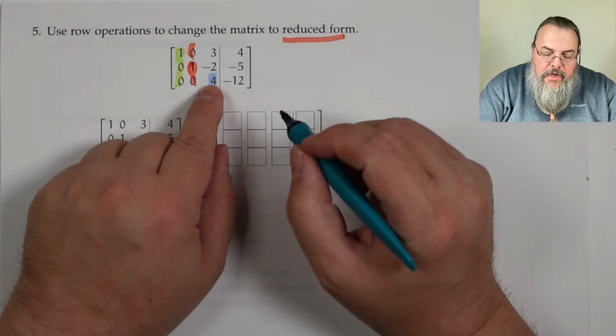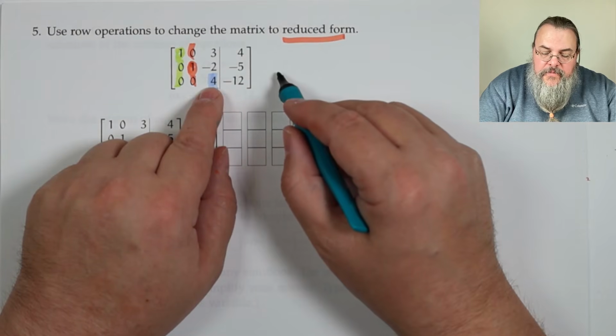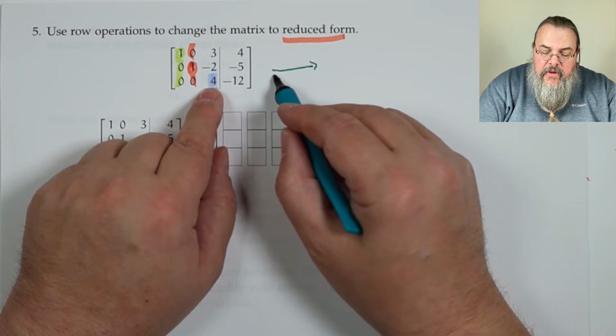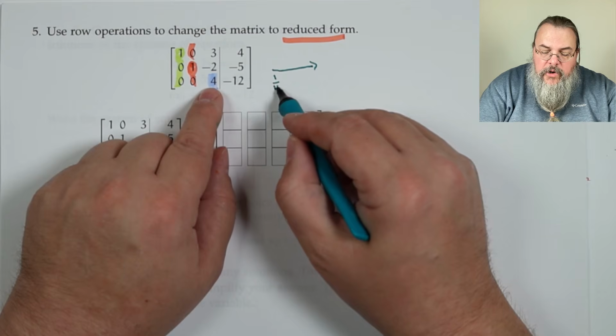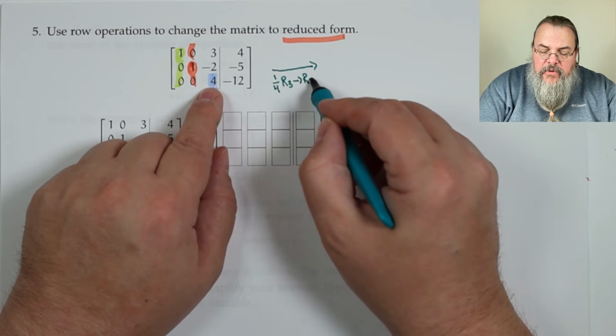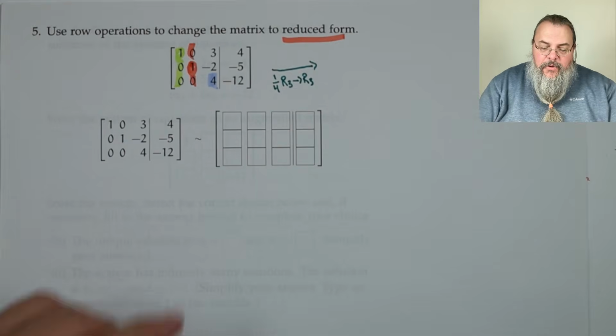So what can we do? Step 1, make it a 1. How do we make it a 1? We're going to scale. We're going to take 1/4 times row 3 and use that to become the new row 3. In other words, we're multiplying everything by a fourth.